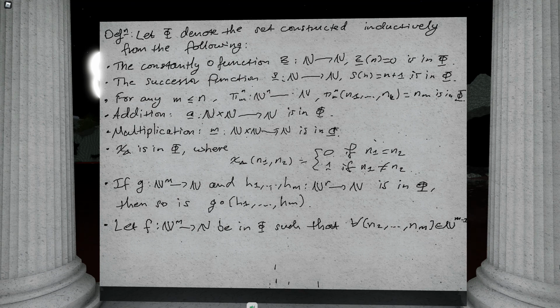Okay, so I'm ranging over all n-1 tuples of the natural numbers, n2 up to nm. So for all such things, there exists n1 in the natural numbers such that f of the induced tuple is equal to 0.